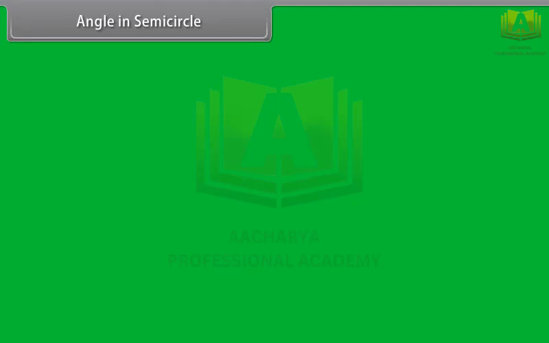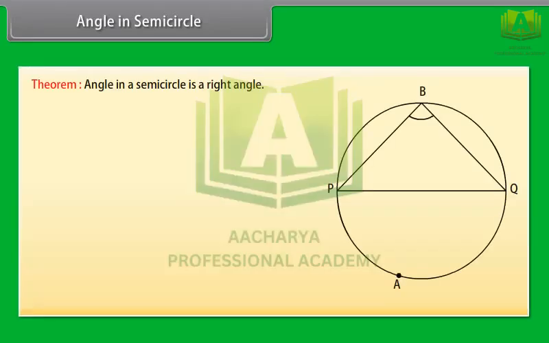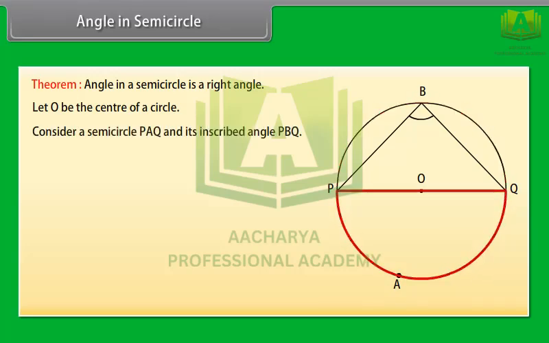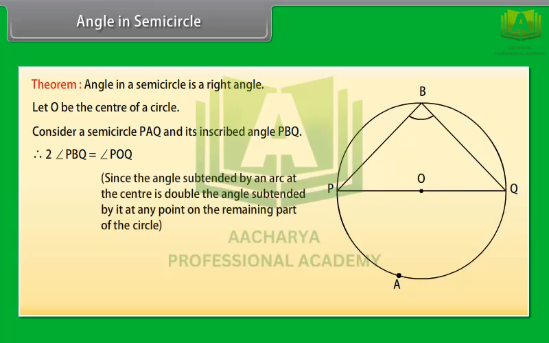Angle in a semicircle. Theorem: Angle in a semicircle is a right angle. Let O be the center of a circle. Consider a semicircle PAQ and its inscribed angle PBQ. Therefore, 2 angle PBQ is equal to angle POQ, because we know that the angle subtended by an arc at the center is double the angle subtended by it at any point on the remaining part of the circle.